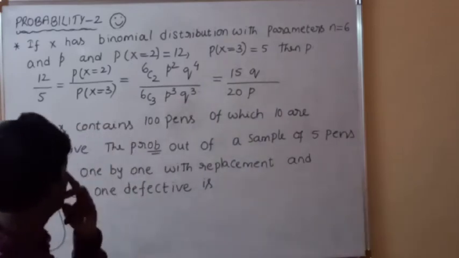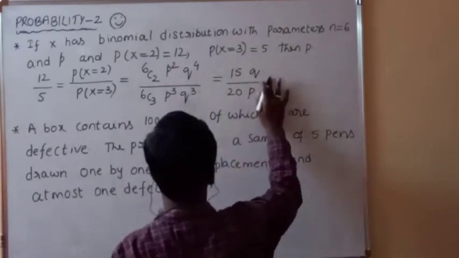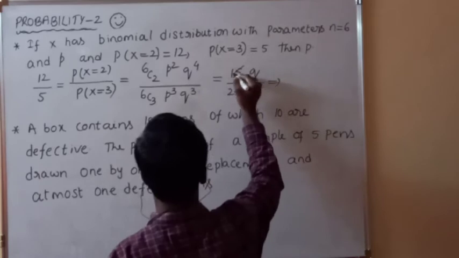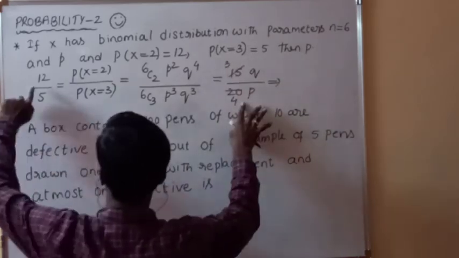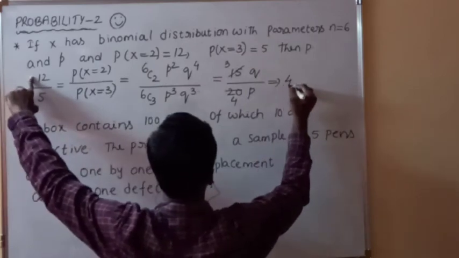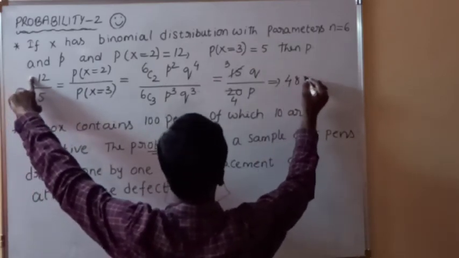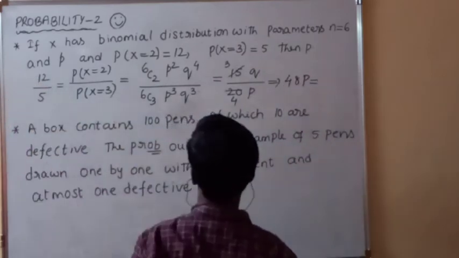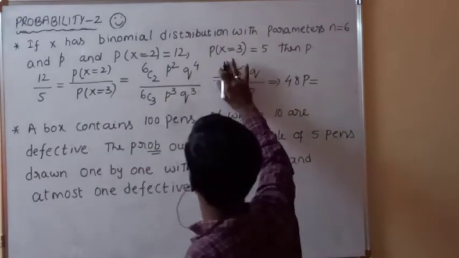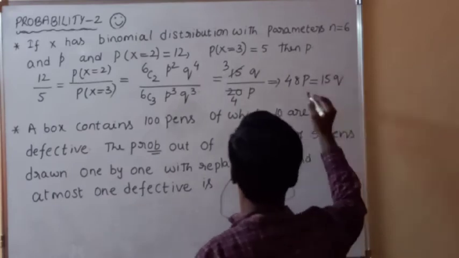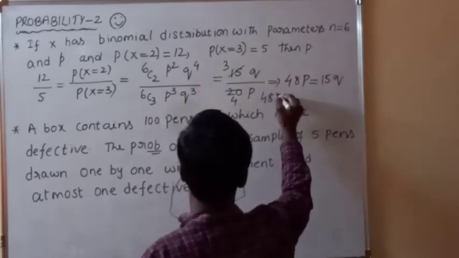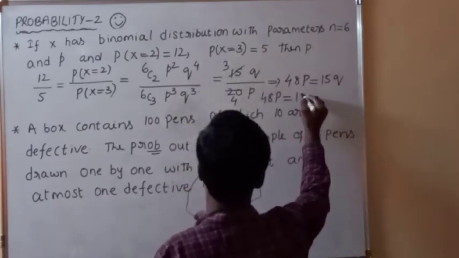And simplify this. Here if you simplify, 5 3s are 15, 5 4s are 20, so 3/4. Cross multiply: 12 into 4p, 48p is equal to 5 into 3q, 15q. So further, 48 into p is equal to 15 into q.